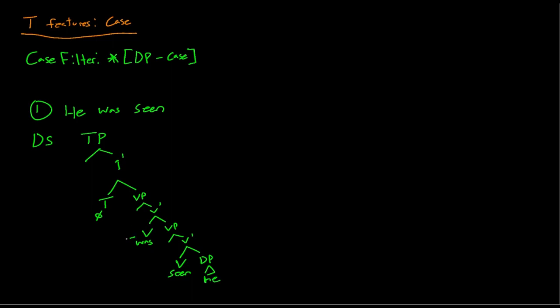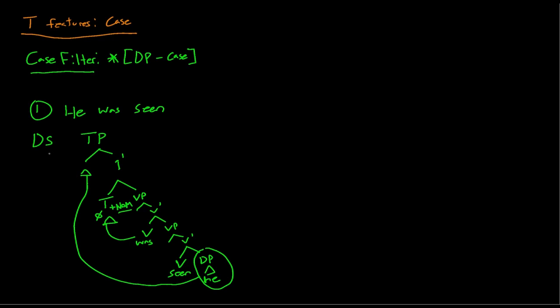So we've got this first case of movement, V to T movement, and more importantly, with regards to the case filter, we have movement of our determiner phrase he to the specifier of TP, and the reason that it has to move to the specifier of TP is in order to pick up nominative case, thus satisfying the case filter.